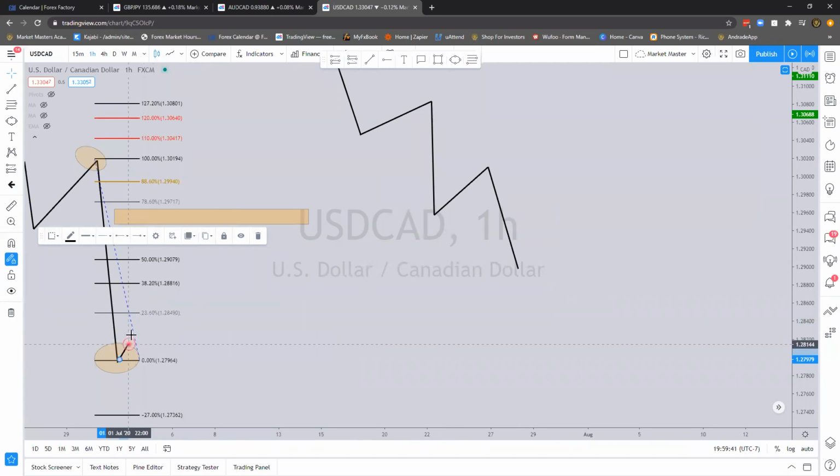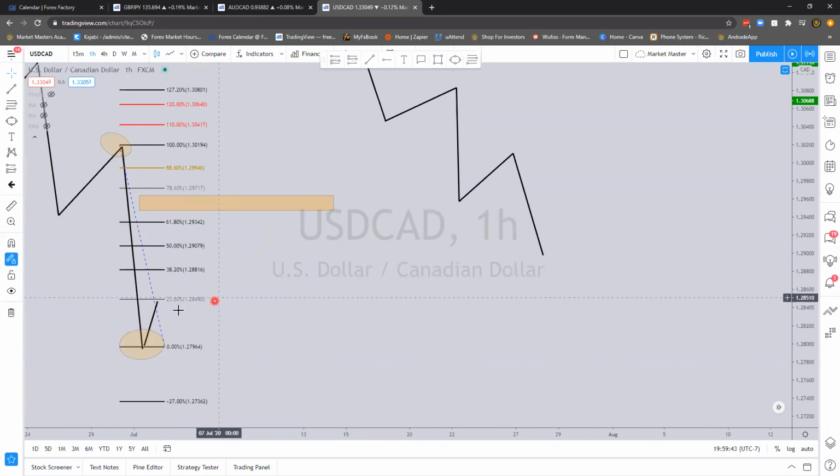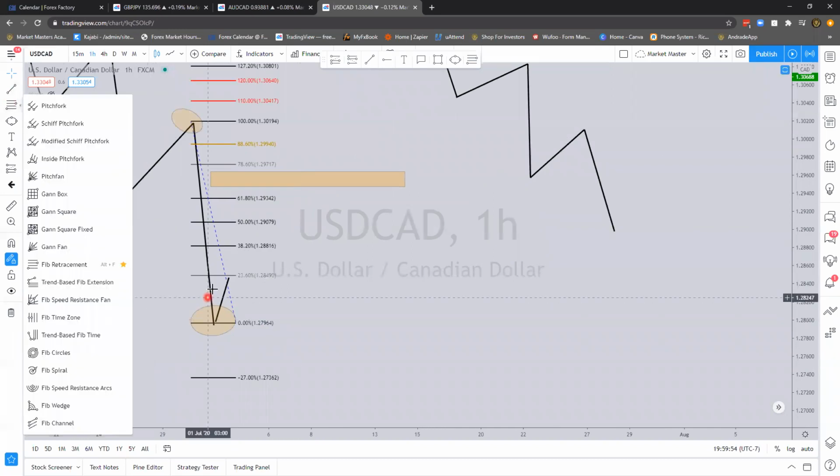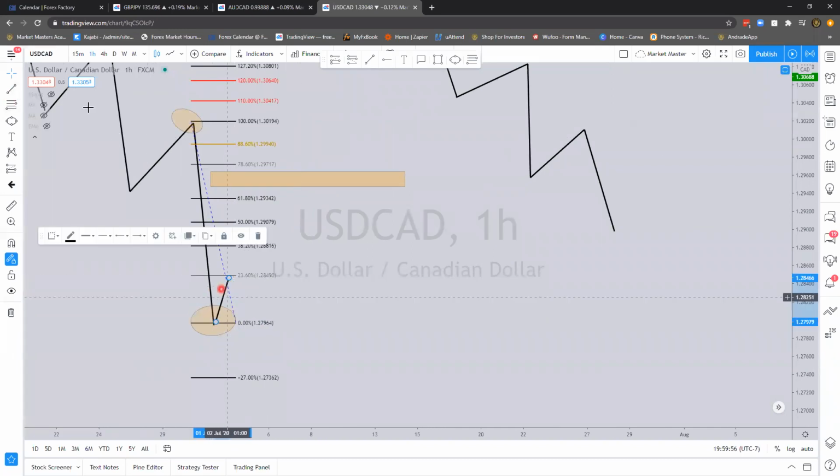But when it hits 23.6, the reason why I have this color a little bit lighter of a black, you can see these are dark black, this one's a lighter black, is because if price comes up and hits here and reverses coming down, I don't count this as a high.